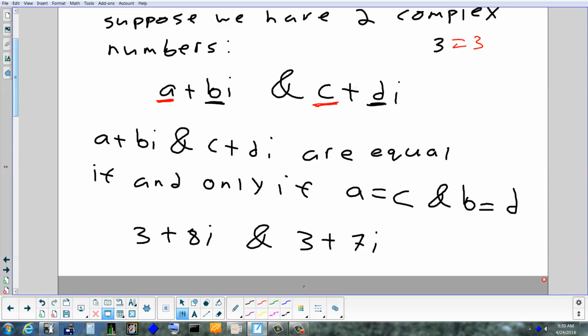So these two complex numbers are not equal. Okay? Even though the first part is. You can't say, well, they're half equal. No, they're not equal at all. The first parts and the second parts have to match. Okay. Any questions on that? Okay, so that's what it means for two complex numbers to be equal.